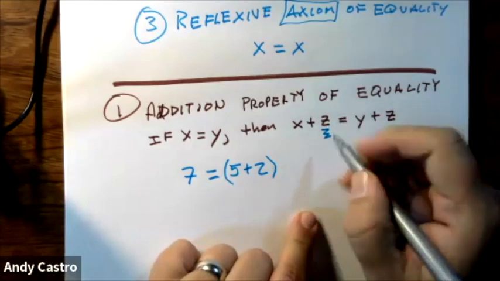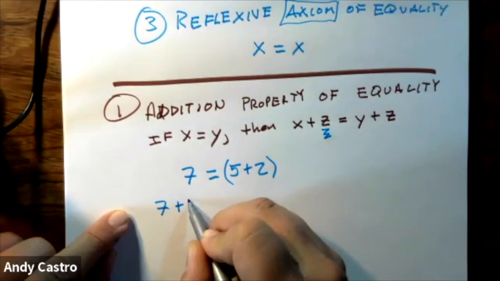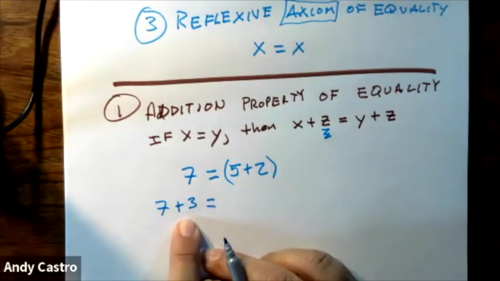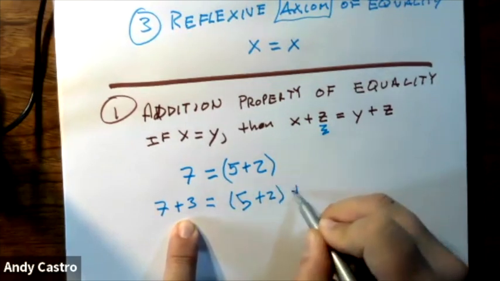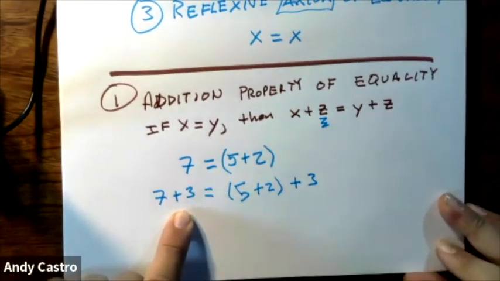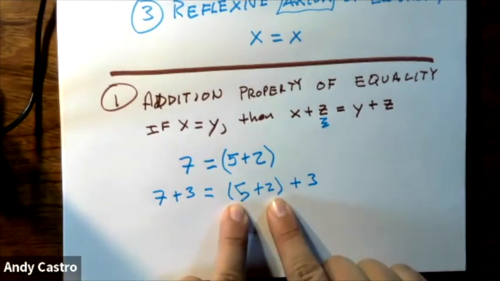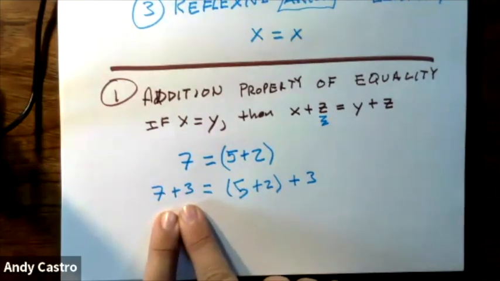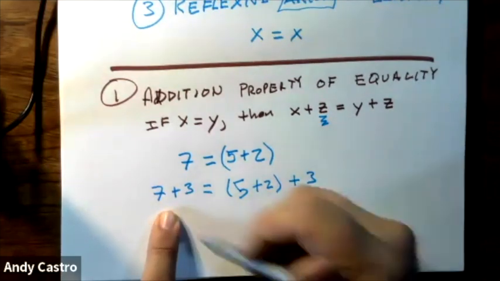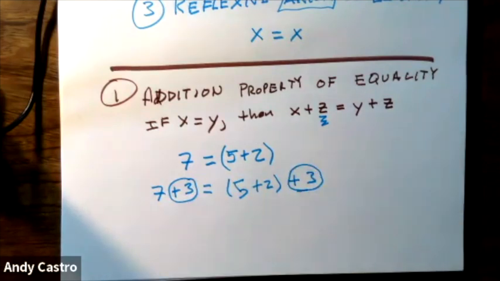So if I add a z, let's say z is 3, if I add a 3 to my x, I have to also, on the other side of the equation, add a 3. 7 plus 3 is 10. And then this quantity here, 5 plus 2 is 7, plus 3 is 10. So the only way I can add something on this side of the equation is if I also add it on the other side of the equation. That's what's known as the addition property of equality.